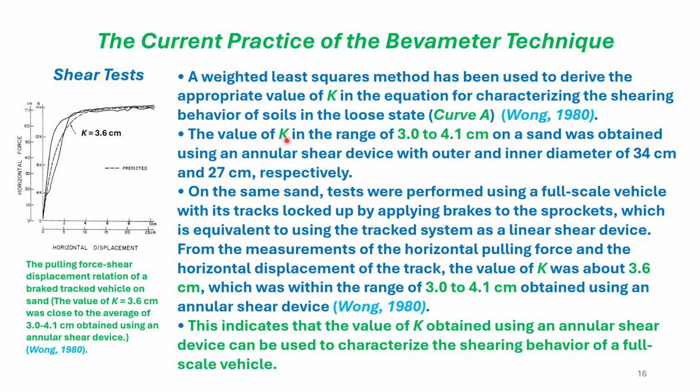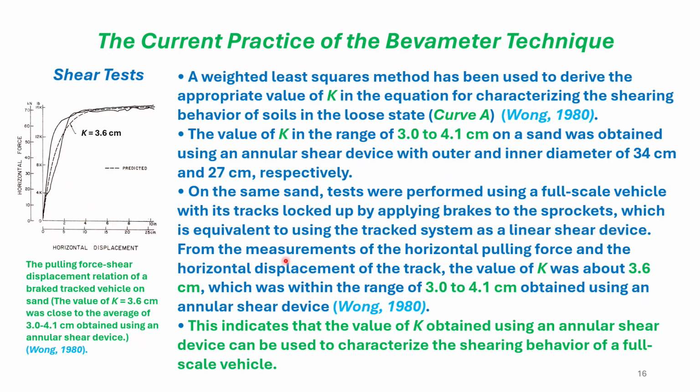The value of K in the range of 3.0 to 4.1 centimeters on a sand was obtained using an annular shear device with outer and inner diameter of 34 centimeters and 27 centimeters respectively. On the same sand, tests were performed using a full-scale vehicle where the tracks were locked up by applying brakes to the sprockets, which is equivalent to using the track system as a linear shear device.